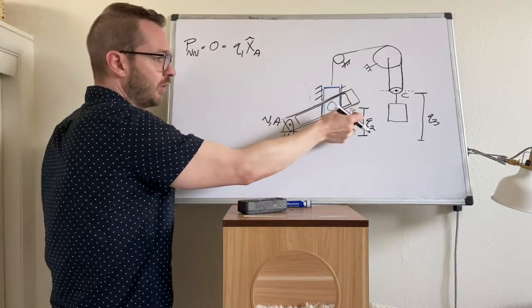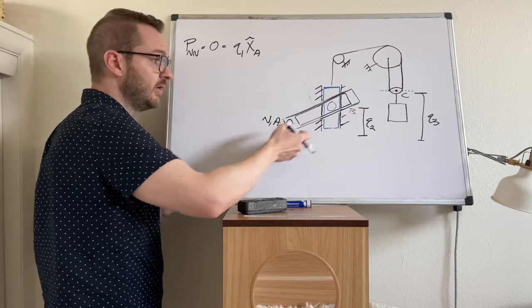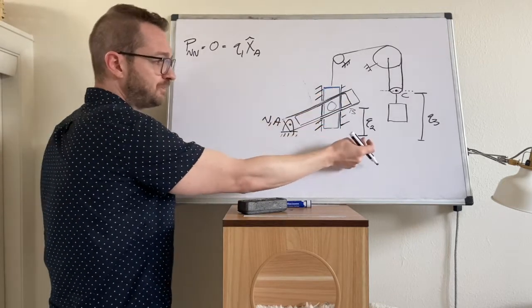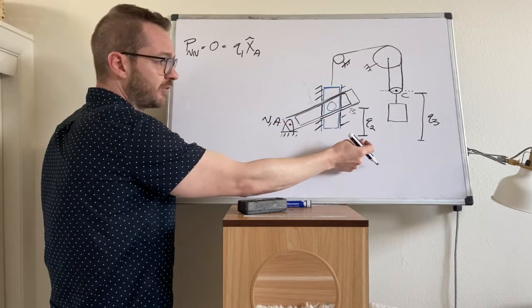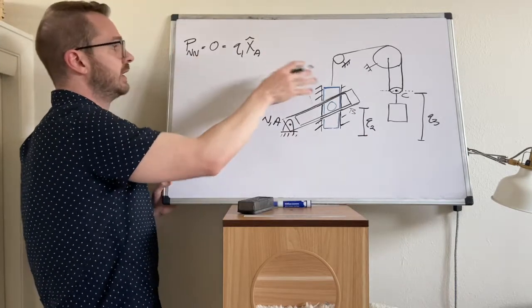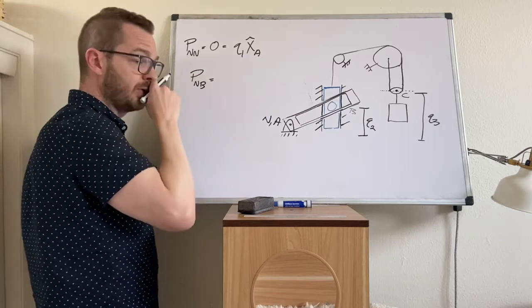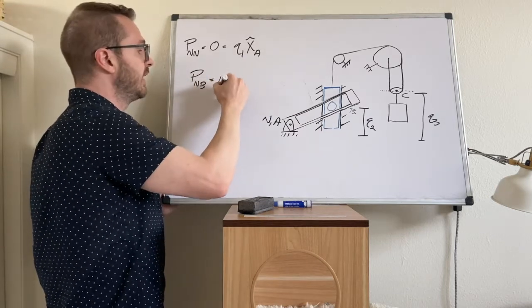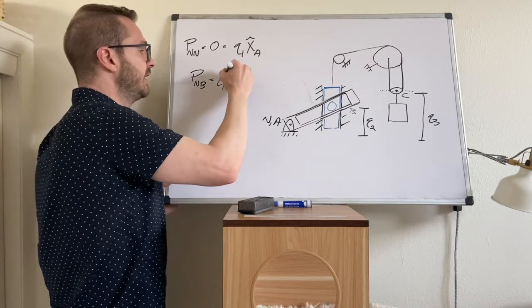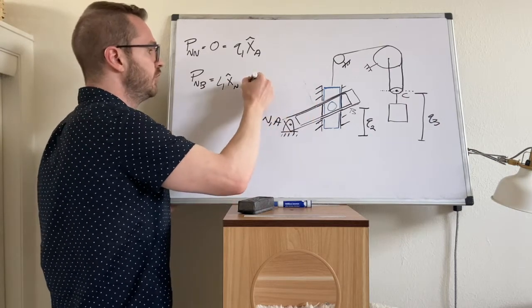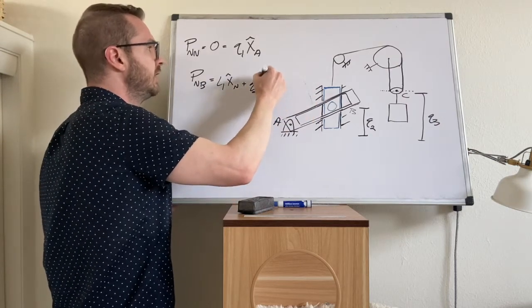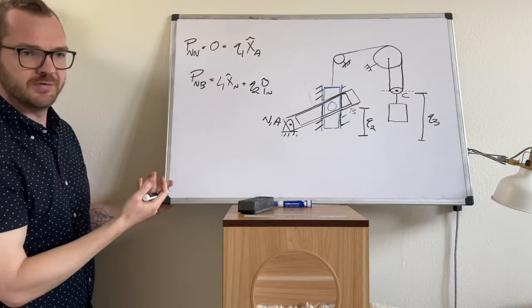Next, we want to get from point B back to point N. So we're going to go down through the distance Q2. Now, before we do that, just remember, what was the other position vector that we did from N to B? We did L1 xn plus Q2 yn. Well, we need to do the reverse of that now.